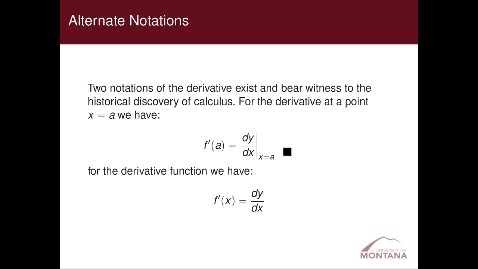Your book has a really nice explanation of why we might want to call this dy dx. Well, d stands for delta or change, and so we think of the change in y over the change in x when x is equal to a. So the slope of the function at x equals a, delta y, delta x. That gets a little bit more simple when we talk about the derivative function.